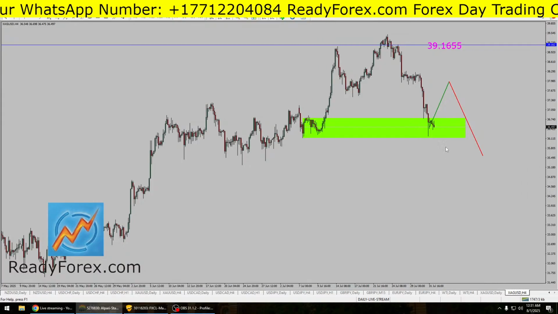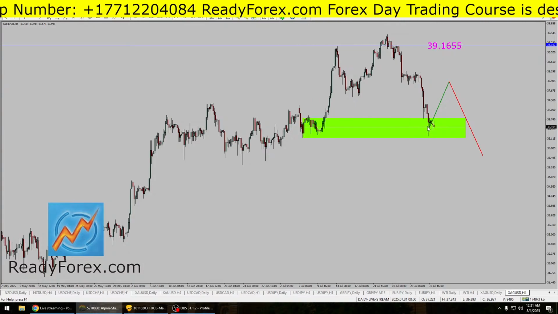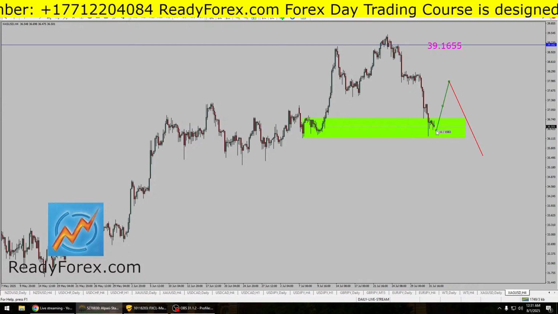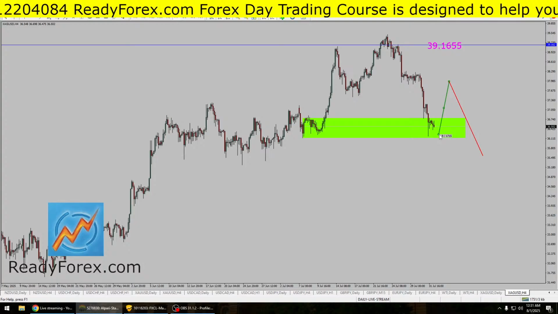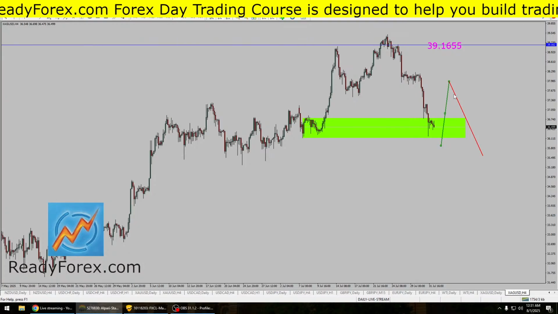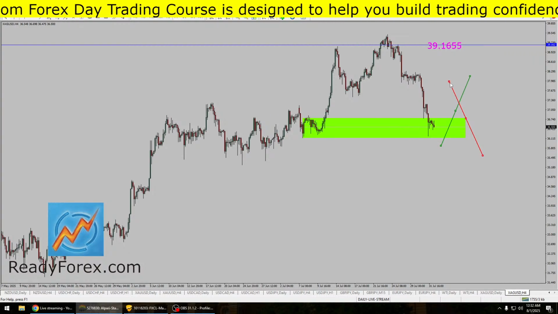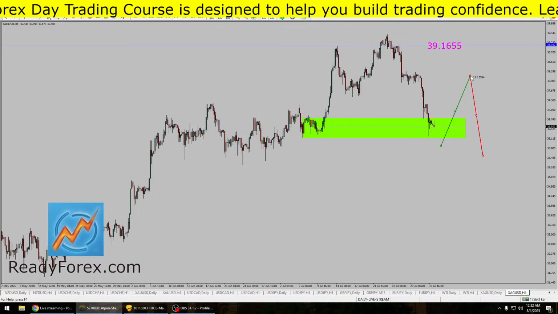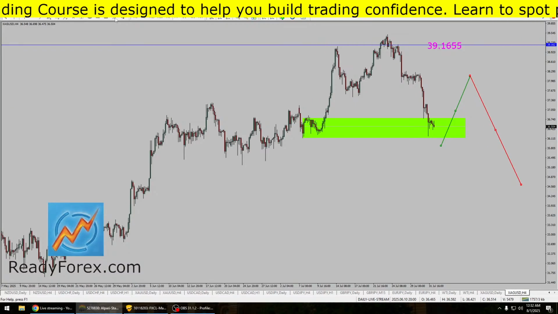So over here you see we got the support down over here. That is the reason I told you guys that the market is most likely going to find some buyers over here. Now the market has a tendency to create false breakouts, so it's quite possible that it is going to drop even further, and then expect a drop.